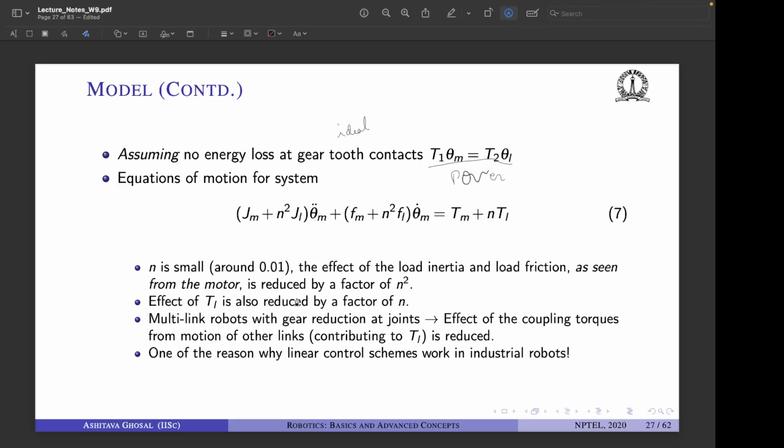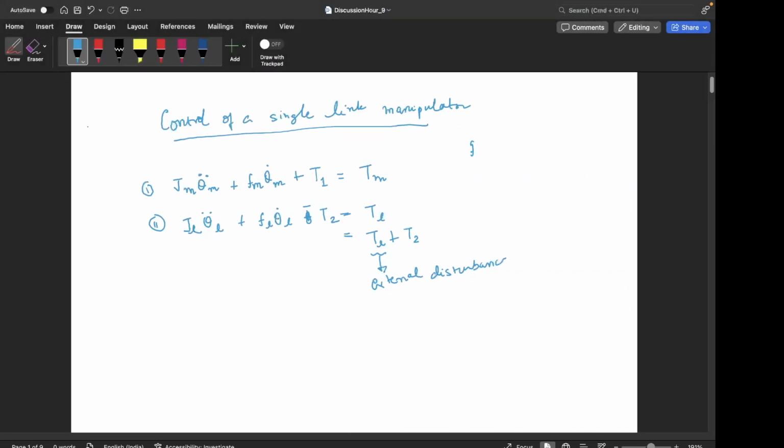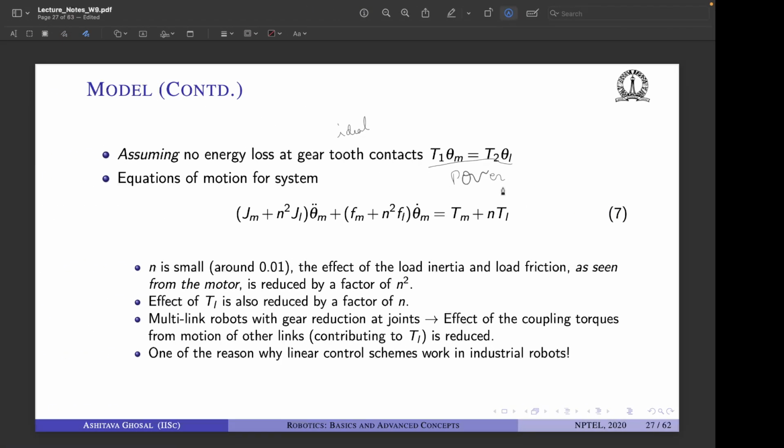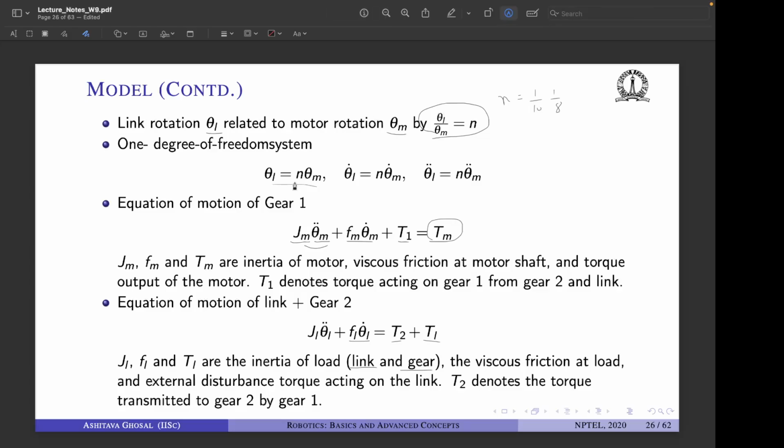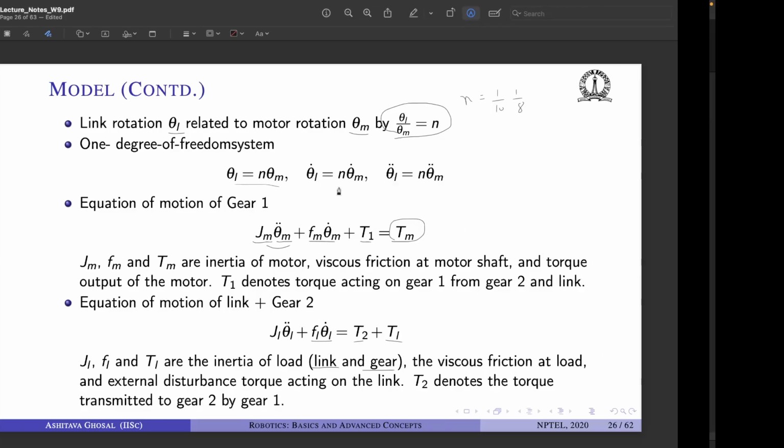Now what we assume is that we are assuming an ideal gear train where no power loss is there. No power loss. So we have T1 theta m is equal to T2 theta L, right? And we also have these relationships between theta L and theta m.